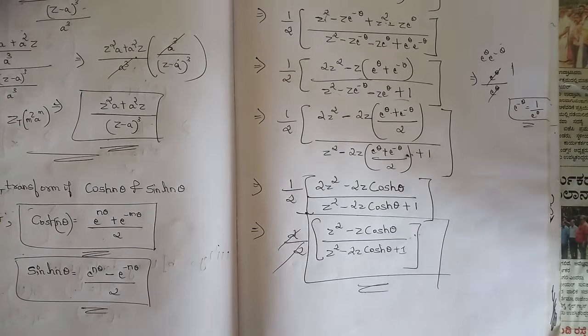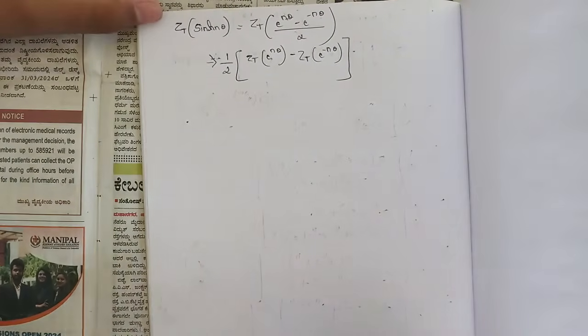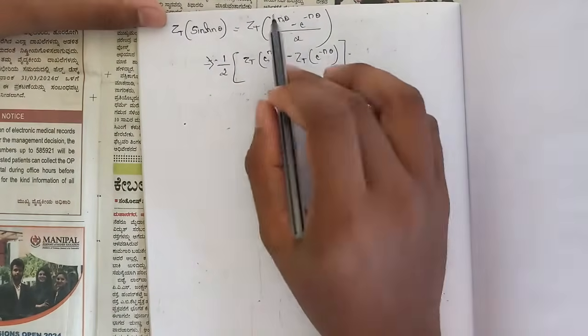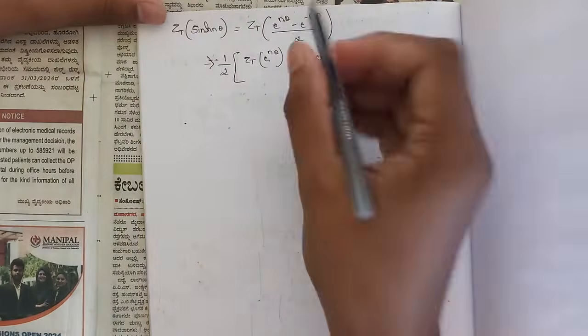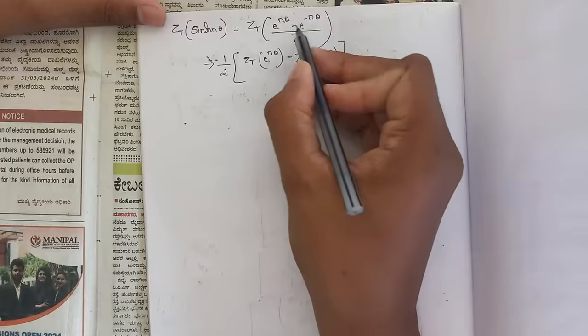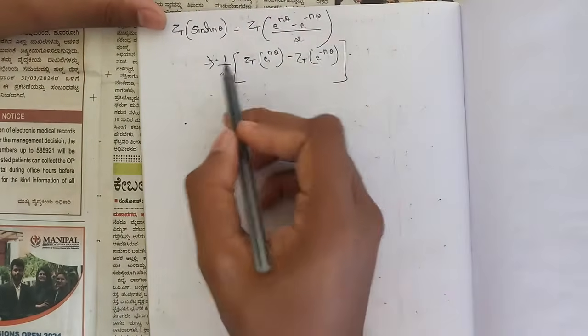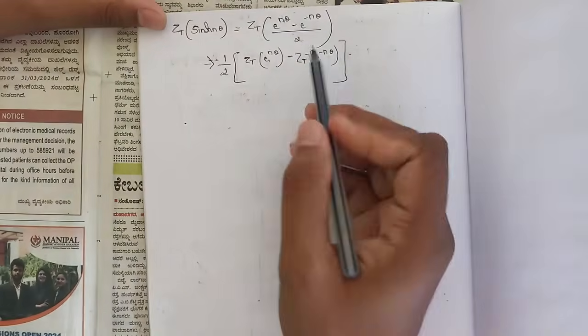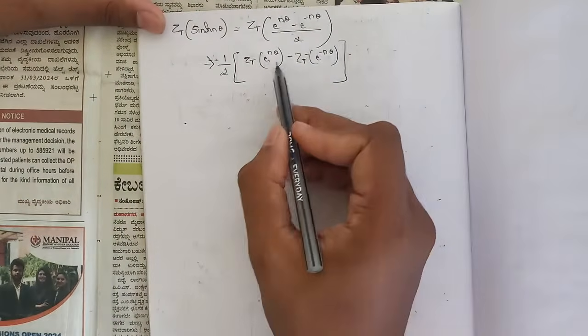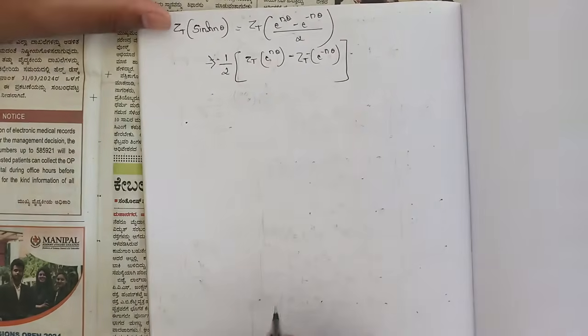Similarly, we are going to do it for sin h n theta. The formula for sin h n theta is given by, there is no change at all. In case of sin, in place of plus we need to write it as minus. And now again I have taken 1 by 2 outside and I have split the Z transform by using the linear property. And in the last problem there was plus, so now it becomes minus.